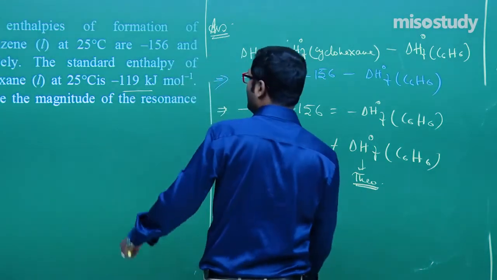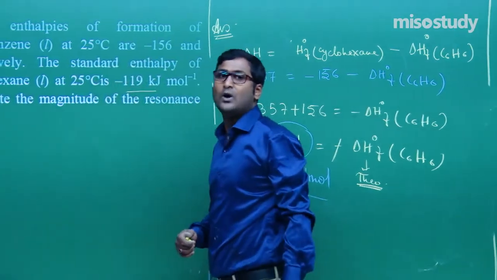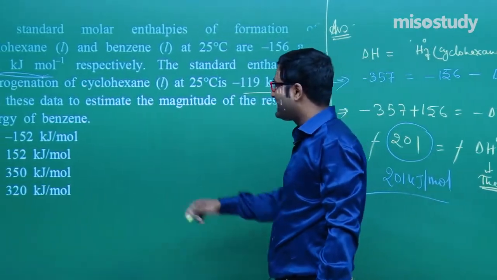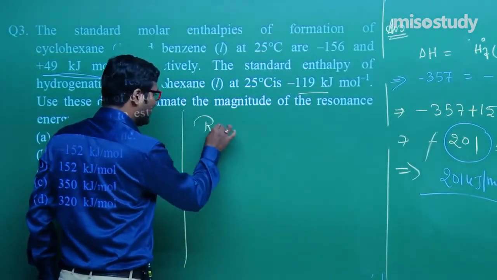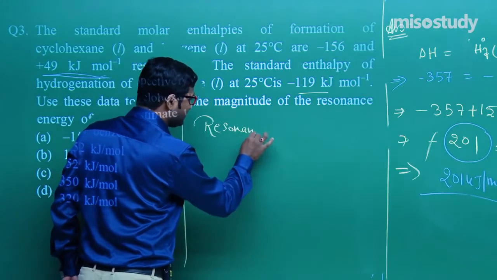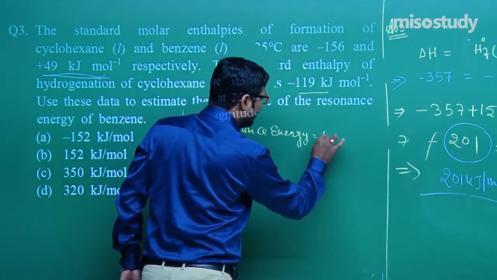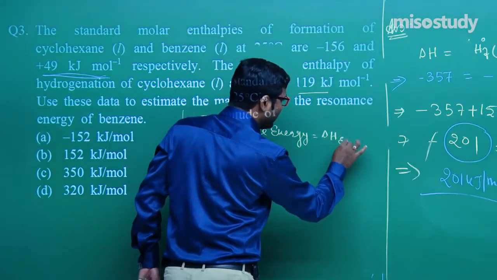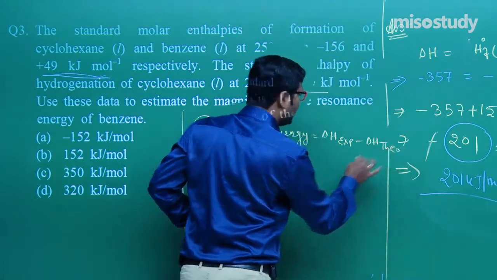Now we have the theoretical value, and we also have the experimental value. Now tell me, what is the answer? It's very simple. The resonance energy is equal to delta H experimental value minus delta H theoretical value.